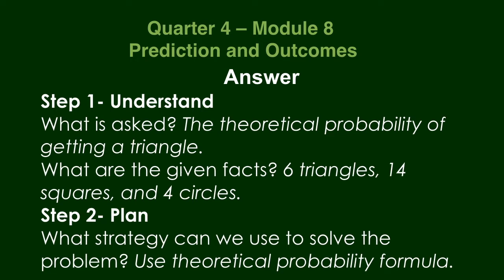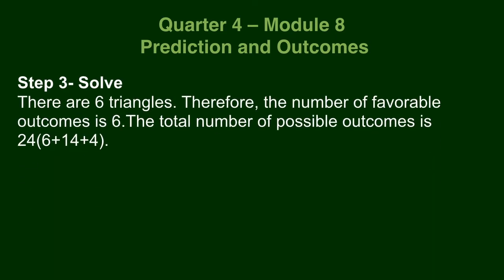We will use theoretical probability formula. The third step, solve. There are 6 triangles, so the number of favorable outcomes is 6. The total number of possible outcomes is 24 because we have 6 plus 14 plus 4, so we have 24.